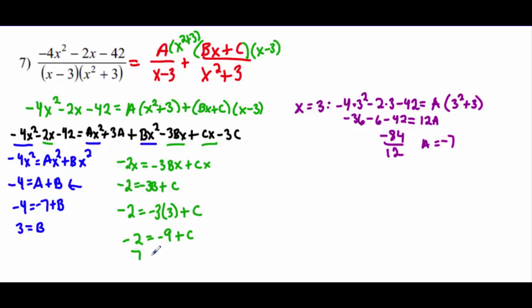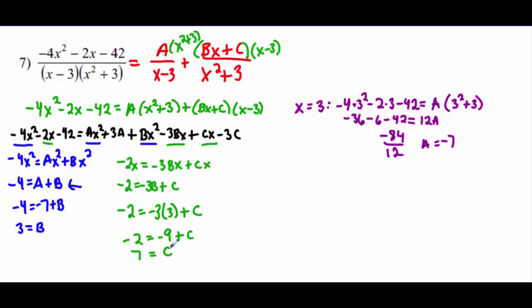So c is 7. Which I'm not super confident about, so I'm going to look and see if that's really the answer. Sorry, it helps if I look at the right problem. Yeah, okay, that is right.